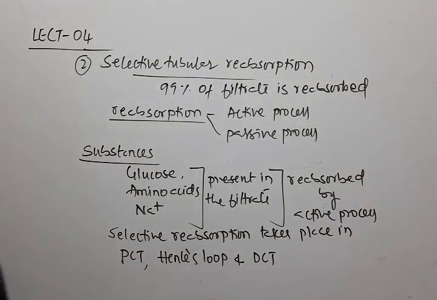So in almost all the parts of the nephron you will see selective reabsorption taking place. Already we have seen this in our earlier sessions where I discussed the functions of the tubules.